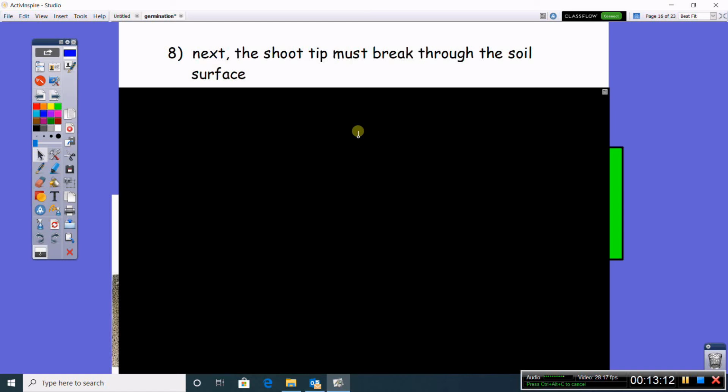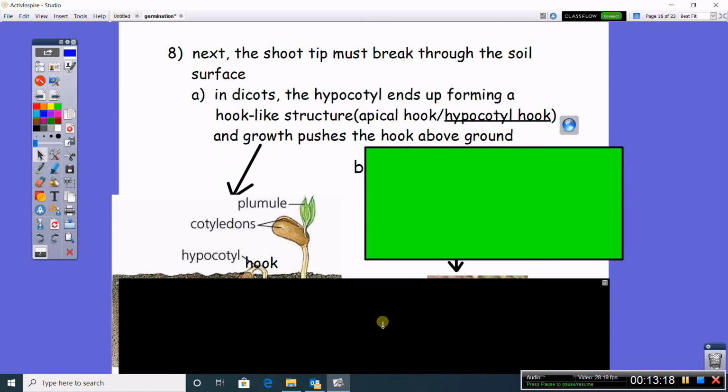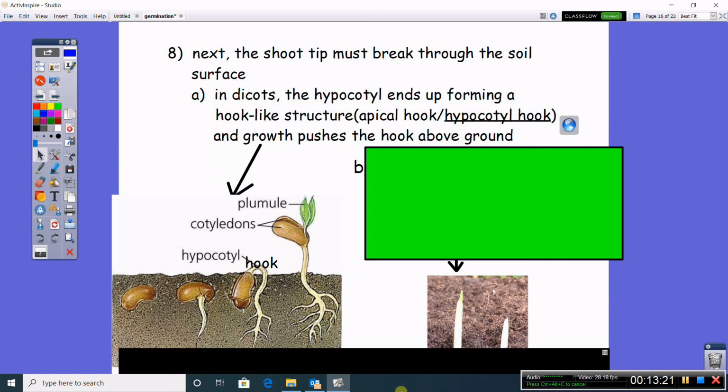Okay, so what we're going to talk about first is what's going to emerge through the soil if it's a dicot seed. So in dicots, the hypocotyl, which remember is kind of like the stem, ends up forming a hook-like structure.